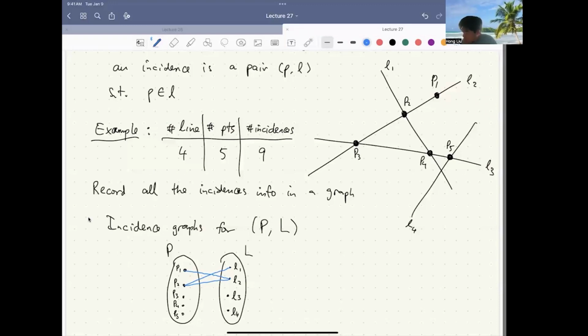P3 is in 2 and 3. P4 is in 1 and 3. P5 is in 3 and 4. So this is the incidence graph.